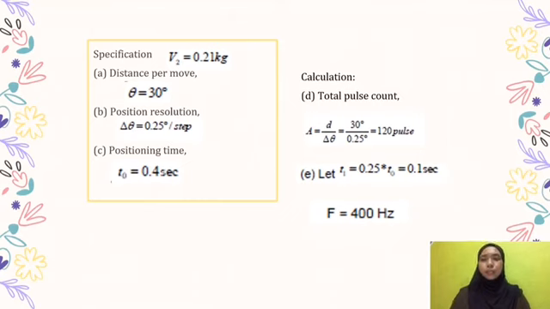A equal to D divided by theta equal to 30 divided by 0.25 equal to 120 pulse. E. Let T1 equal to 0.25 multiply T0 equal to 0.1 second. F equal to 400 Hz.